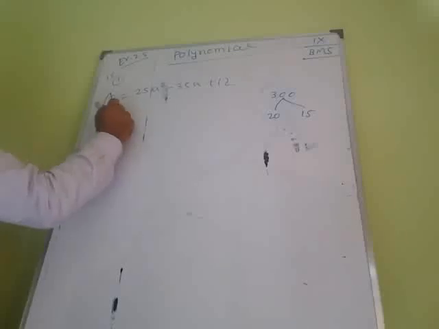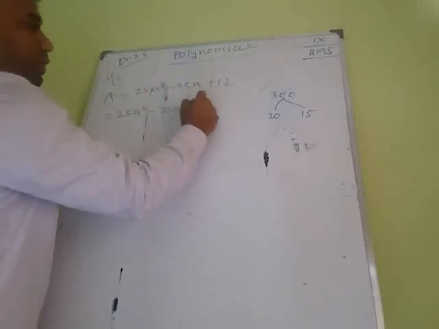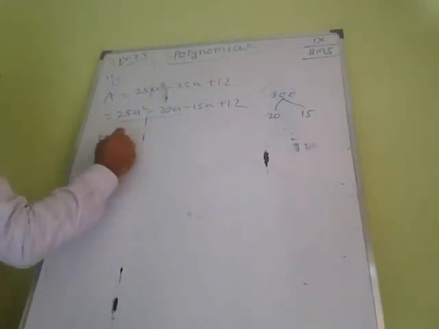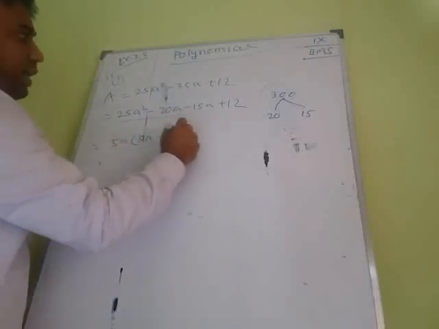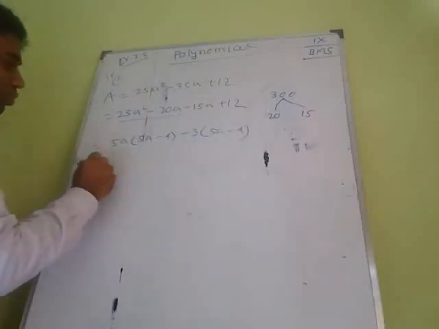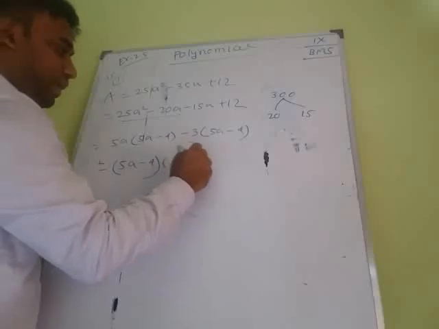So 25a square minus 20a minus 15a plus 12. Taking common 5a, that is 5a minus 4, and minus 3, 5a minus 4. So 5a minus 4 into 5a minus 3.